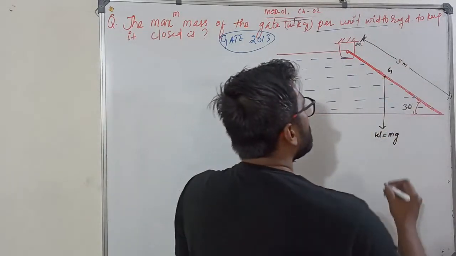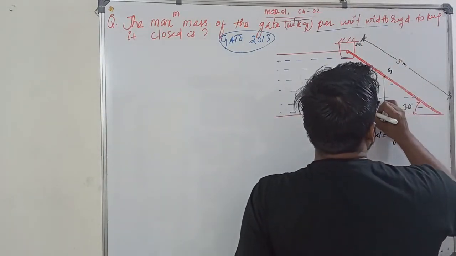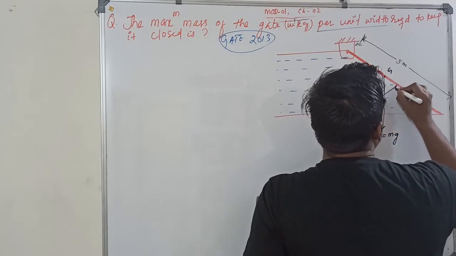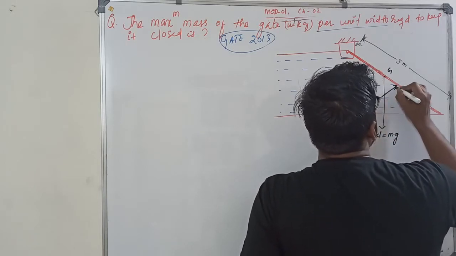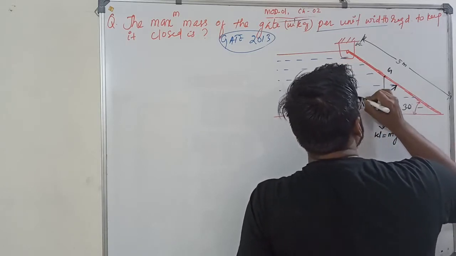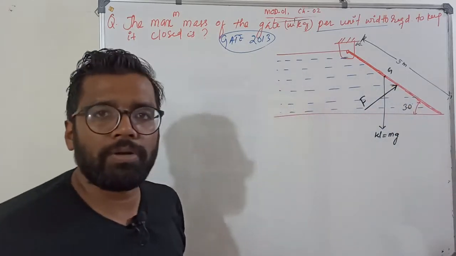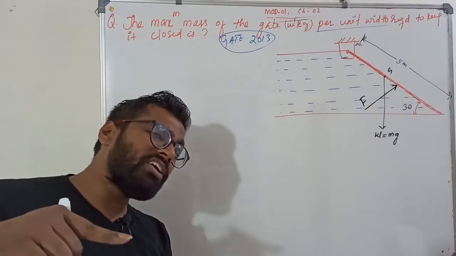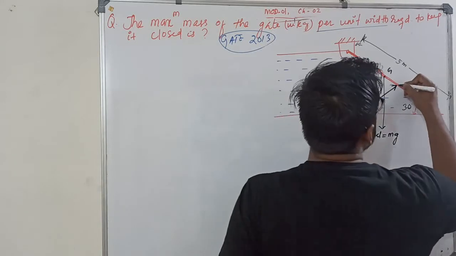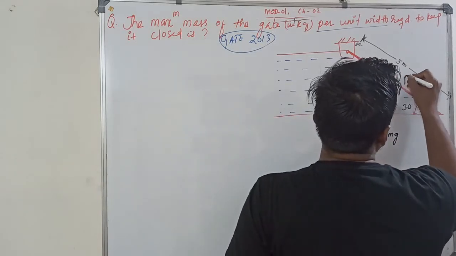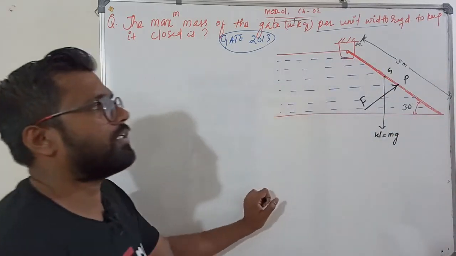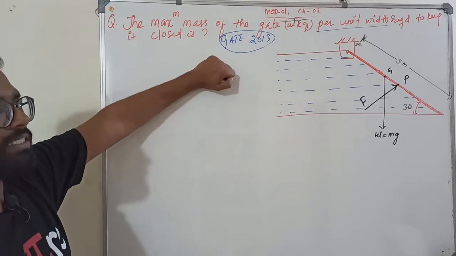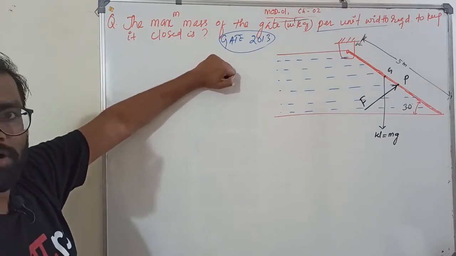We know any pressure force always acts perpendicular. So this is the hydrostatic force F which is acting perpendicularly. Where does the hydrostatic force act? It acts on the center of pressure P, and we have studied the center of pressure is always below the CG. Got it?